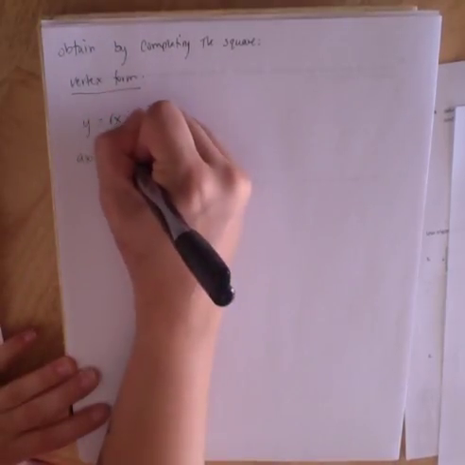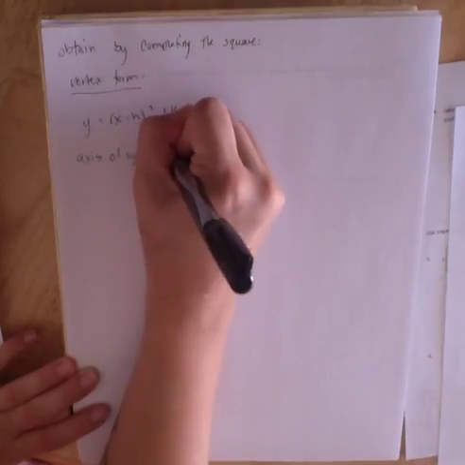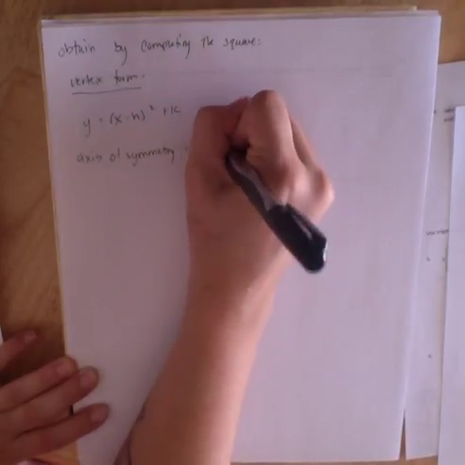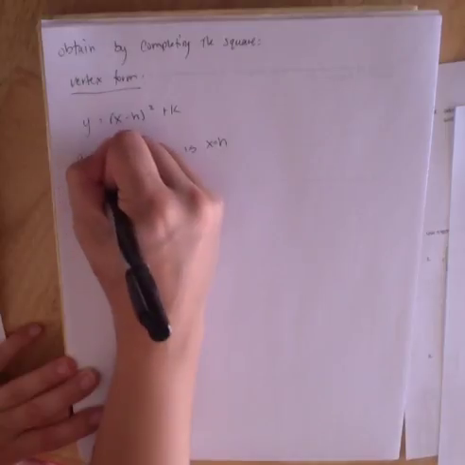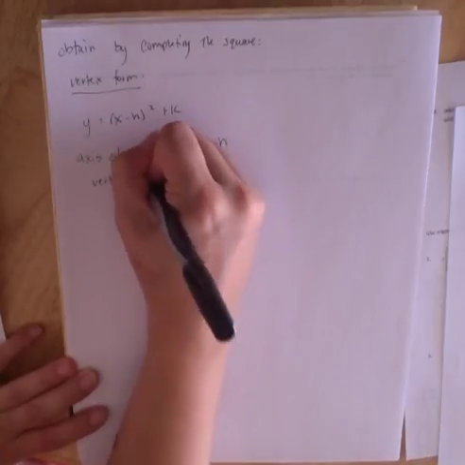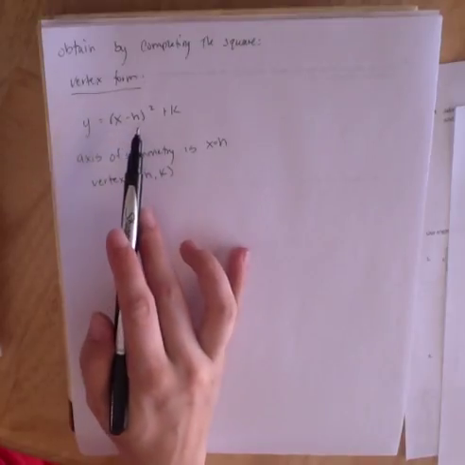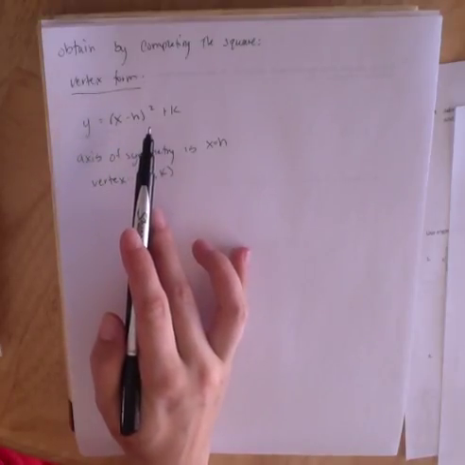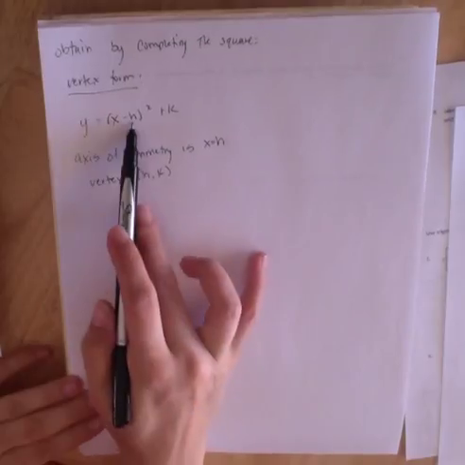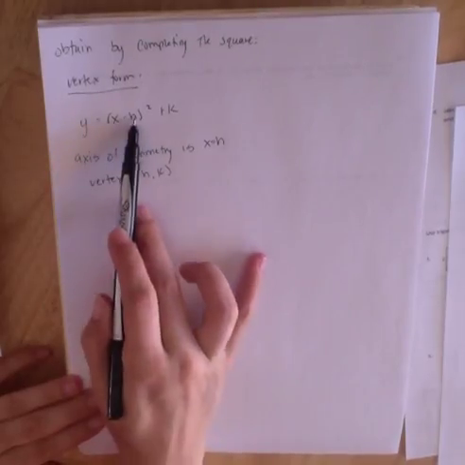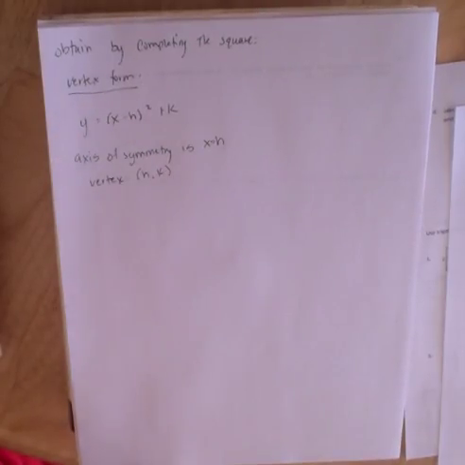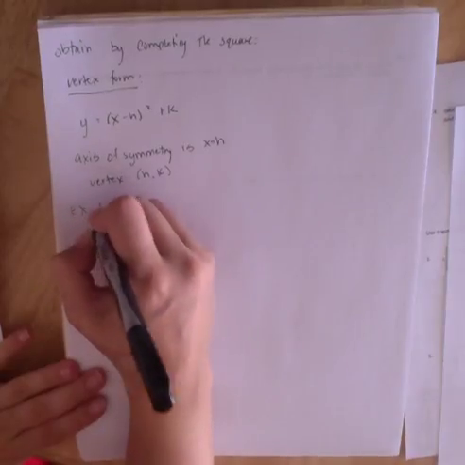Our axis of symmetry is x equals h, and our vertex is h comma k. Notice this is a minus h. Super important that you know that this is not a negative h. And I'll show you that through these examples.